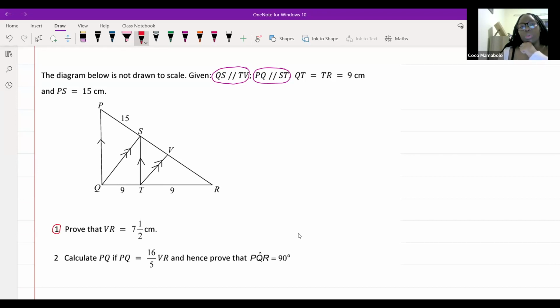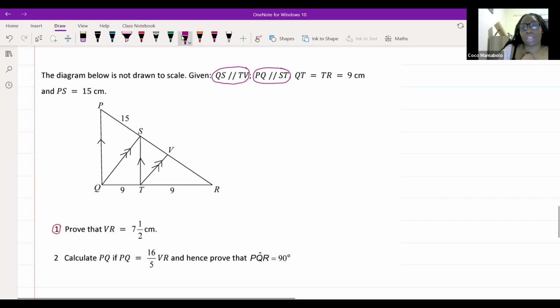Now we have to note that VR is part of the small triangle, but SR is part of the big triangle. So we need to find a way to get from the big triangle to the small triangle.